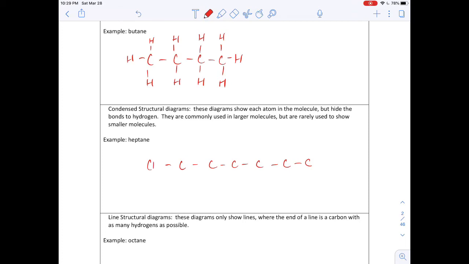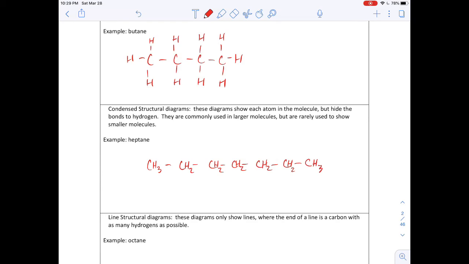This would be CH3. Important to note that there's 1 bond here, so we get 3 hydrogens. The next one has 2 bonds, so it's H2. The next one has 2 bonds, so it's H2, H2, H2, H2. But the last one has only 1 bond, so it's CH3.